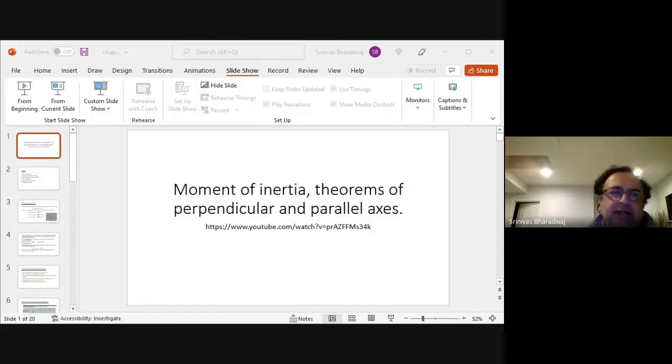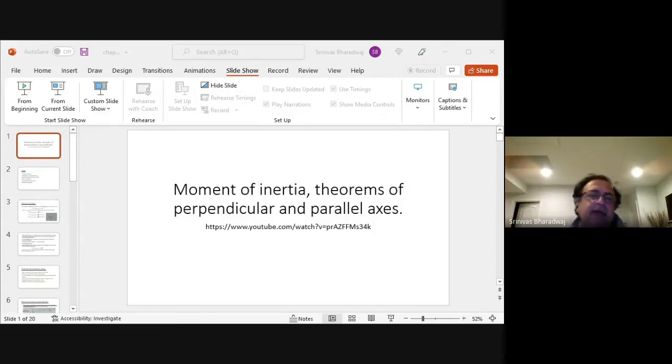Now there is another theorem which is called the perpendicular axis theorem. It says that if you had an Ix and an Iy, the sum of Ix and Iy will equal Iz, where x, y, and z are perpendicular to each other, and x and y are on the plane of the planar body.